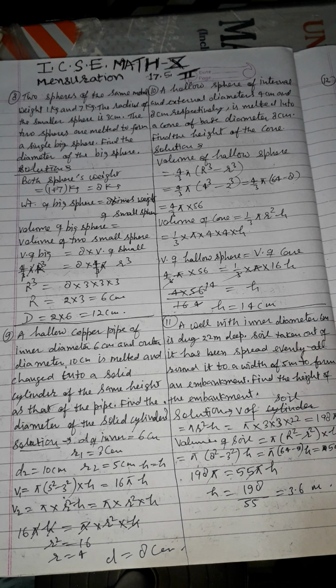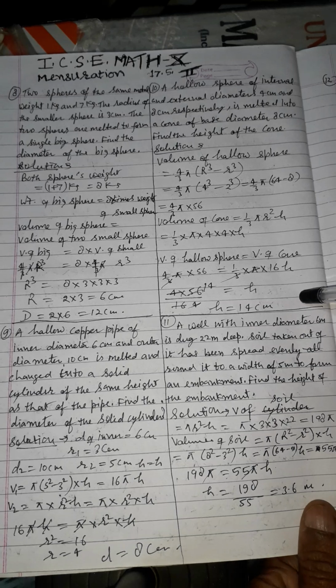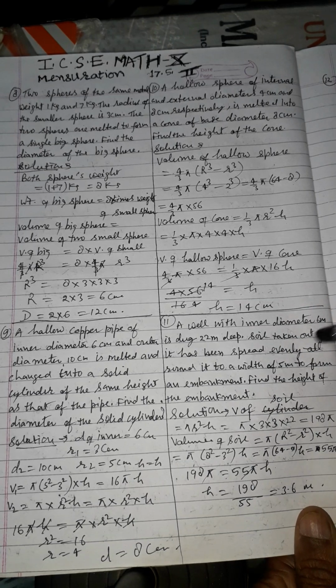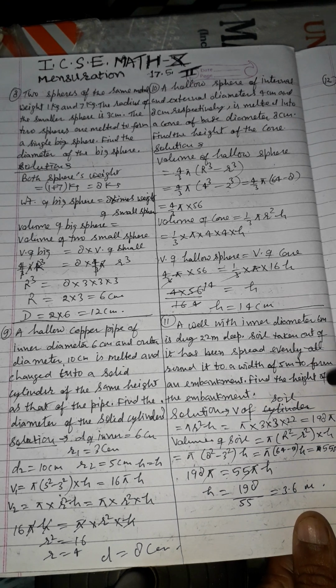Question 11, simple. A well with inner diameter 6 is dug 22 meter deep. Soil taken out of it has been spread evenly around it to a width of 5 meter to form an embankment. Find the height of the embankment.